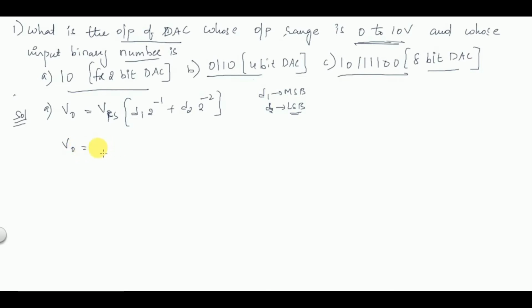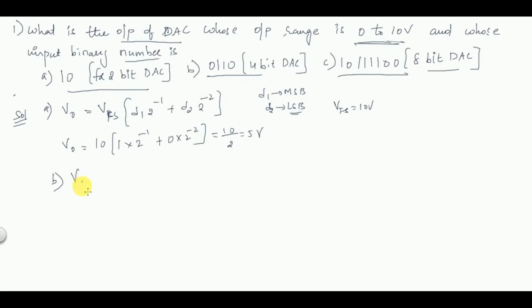So V0 is equal to, what is VFS? VFS is equal to 10 volts, right? So 10 into, D1 is 1, so 1 into 2 power -1 plus 0 into 2 power -2. So it will be 10 by 2, which is equal to 5 volts, right?